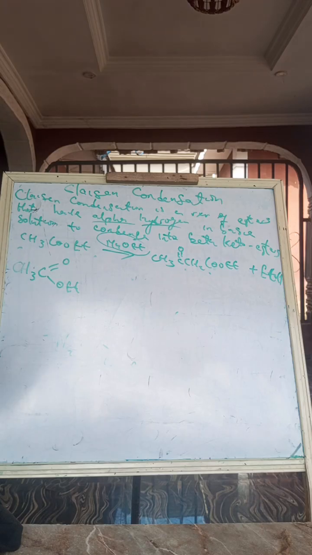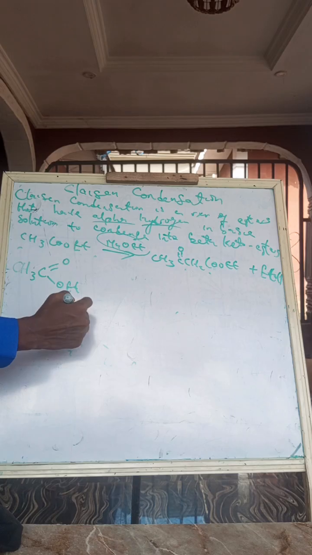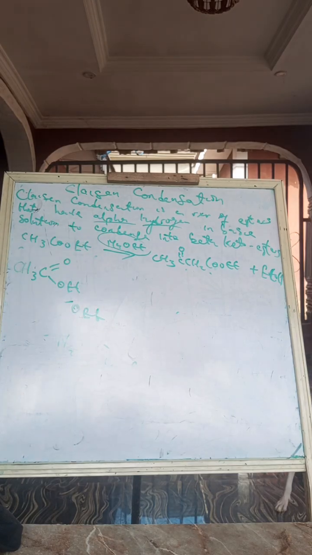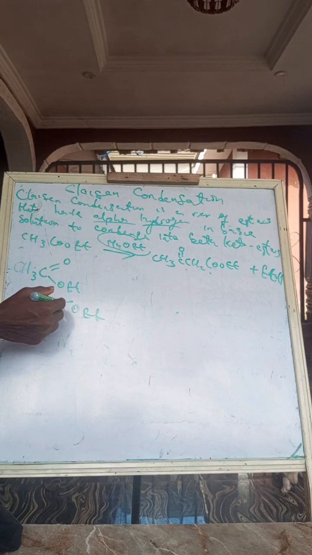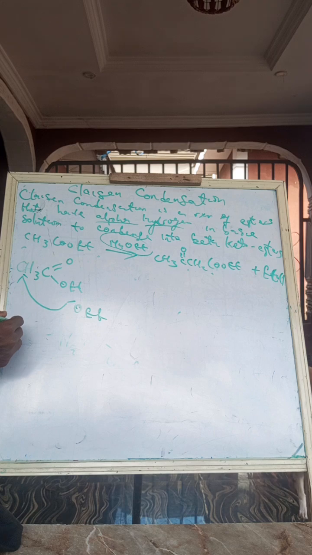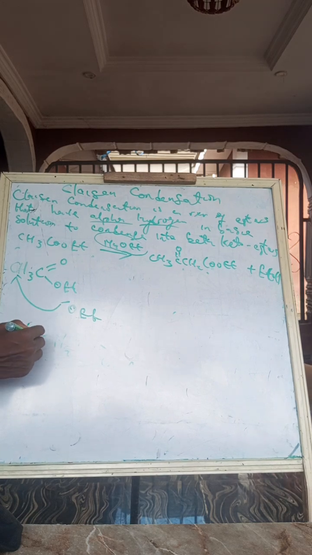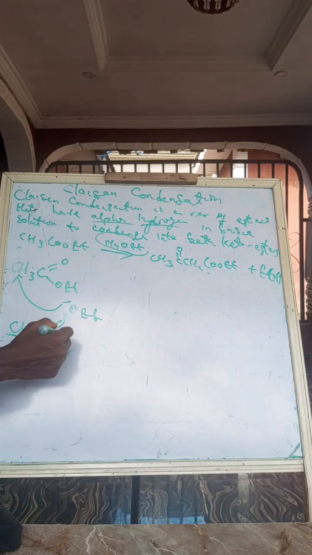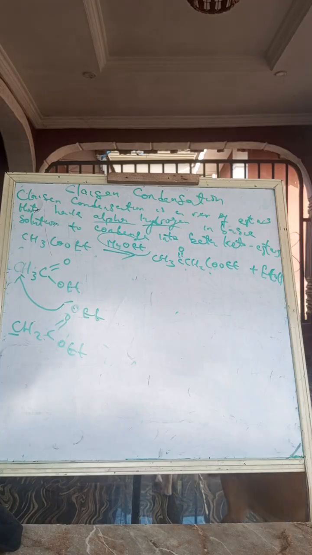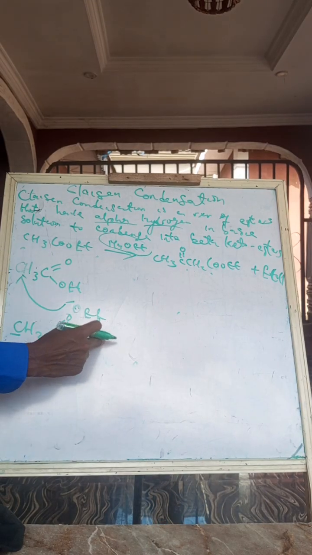So let's introduce our base, that is our OEt minus, which was emphasized earlier. Now this attacks the alpha hydrogen, leading to this. You can see you successfully form an enolate. The next thing is to bring the same reactant into the equation.